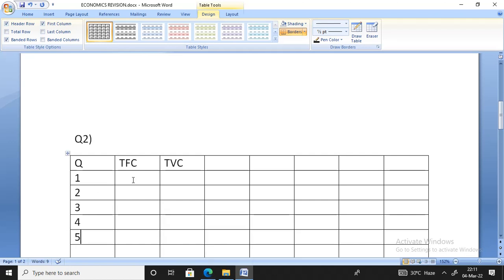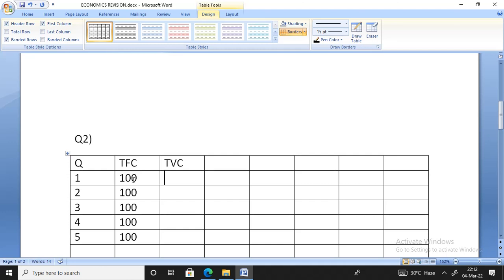Fixed cost was 100. The fixed cost is the same regardless of the level of output. Then the total variable costs.